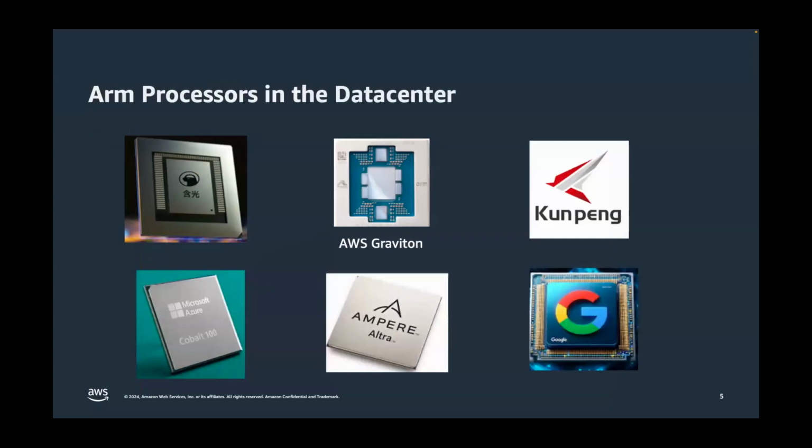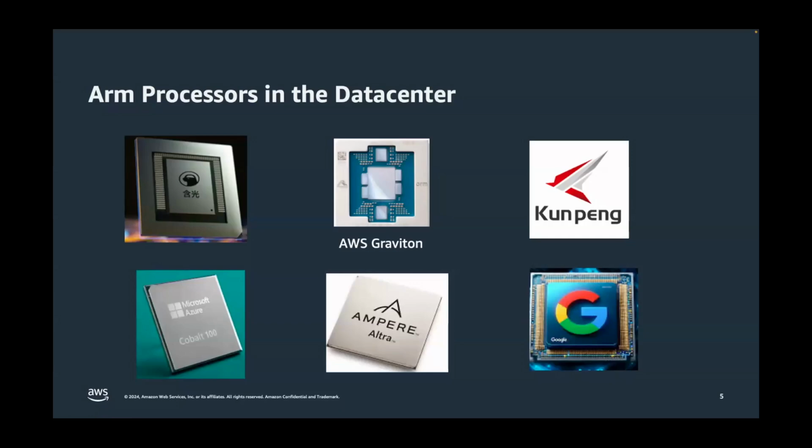So we have taken the leadership to create our Graviton ARM64 based processor. We acquired a company called Annapurna Labs in the early days. We were collaborating with them to create our Nitro hypervisor, and we create the Graviton processors, and we manufacture them ourselves. But many other companies are following our leadership, right?